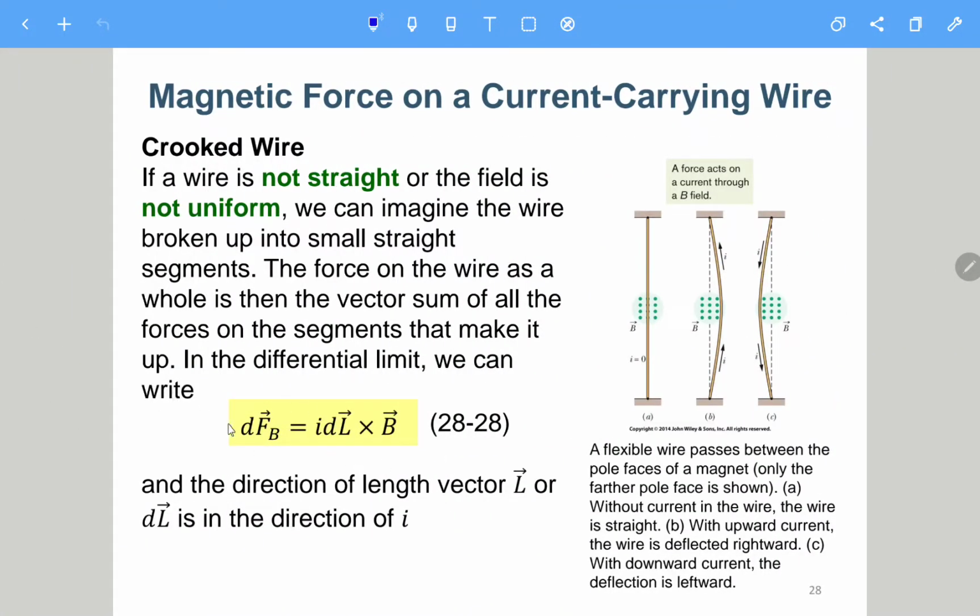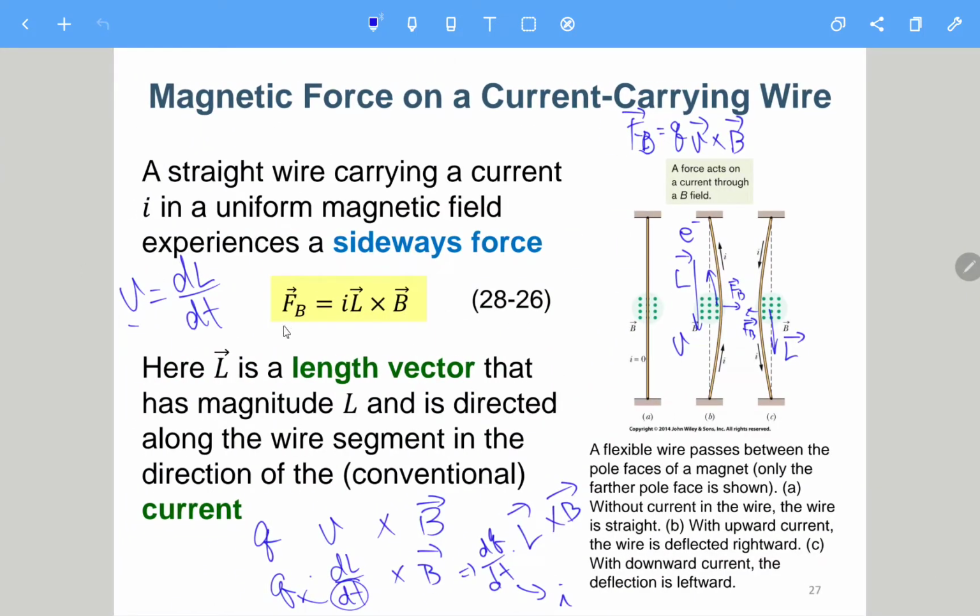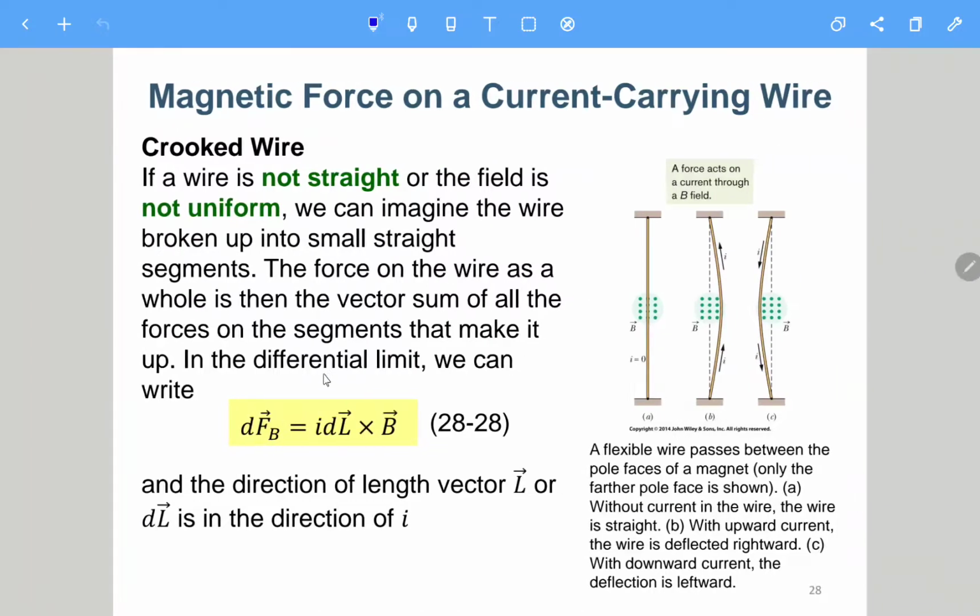So here we talk about dFB equals I dl cross B. We make it dF and dl on both sides, which means that if the wire is not straight or the field is not uniform, then we can separate the wire into many small segments.